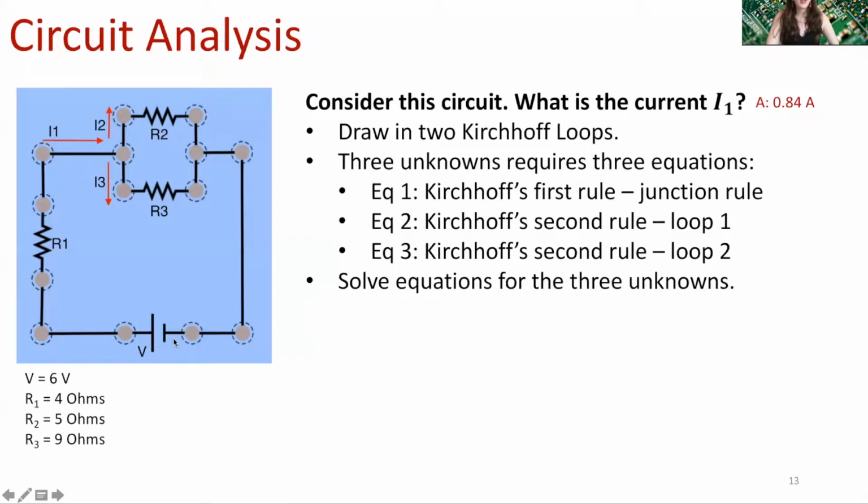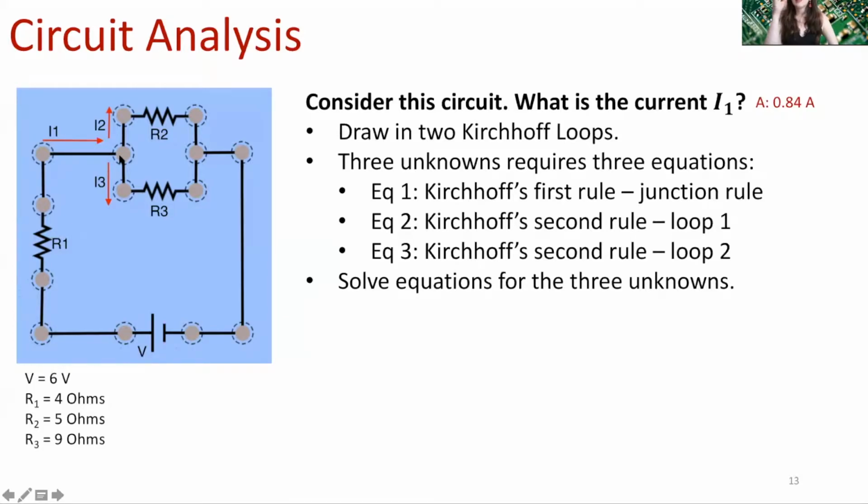So here I have my EMF source, and it's supplying a current to my circuit, the potential difference to my circuit. And so the current that I'm calling I1 is coming around here. It's moving through resistor 1, and it's encountering this junction right here.